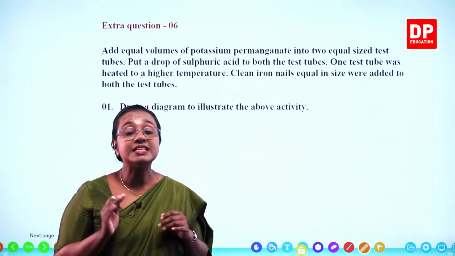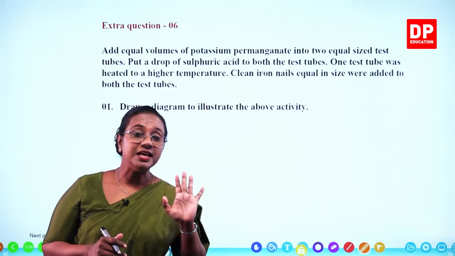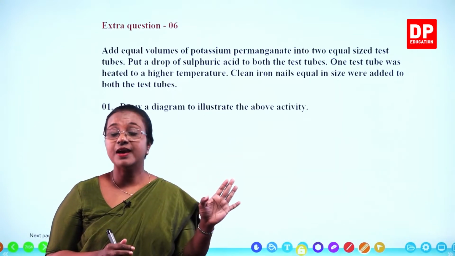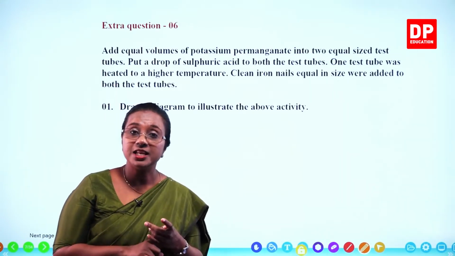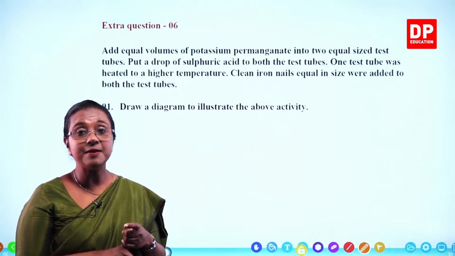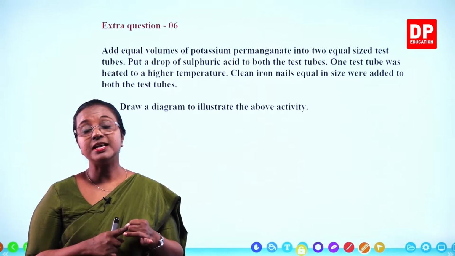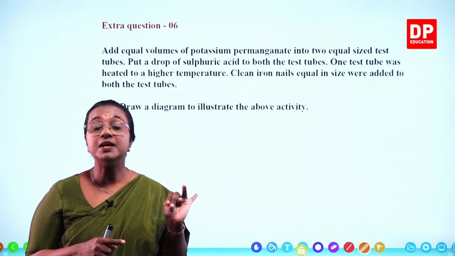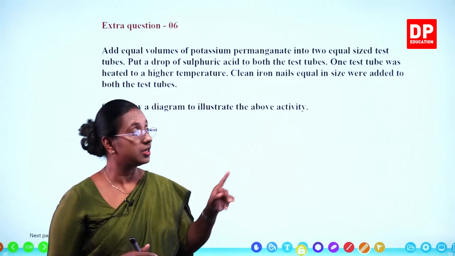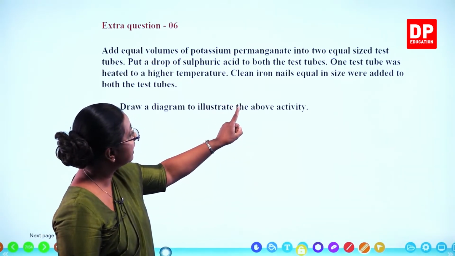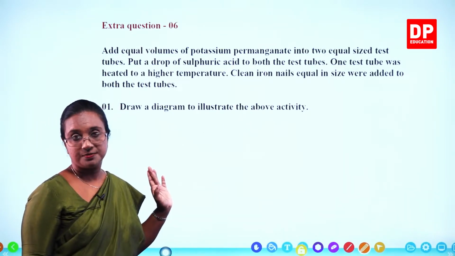So that the surface area of iron nails are equal. So, we are making all the other factors constant. We are changing the temperature, but the surface area of iron nails is the same, and also they are clean. Volume of potassium permanganate is the same and the same concentration. And here normally we don't use a catalyst. So, clean iron nails equal in size were added to both the test tubes.